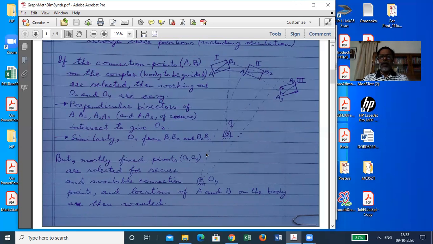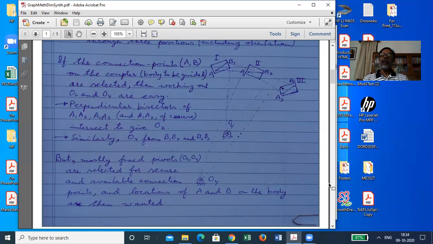But then whatever we discussed here for this trivial problem, the same thing we will replicate there by inversion. In the inversion, we will keep the coupler fixed and try to move the mechanism along with the frame so as to get three positions for O2 and three positions for O4 for the same position, one of these three positions of A1, B1, I mean AB.